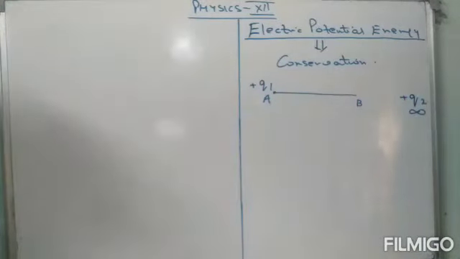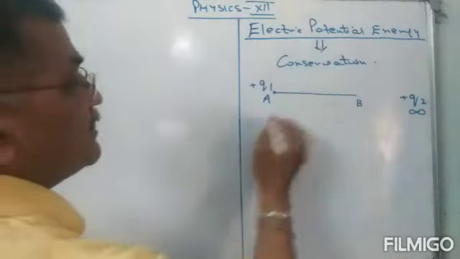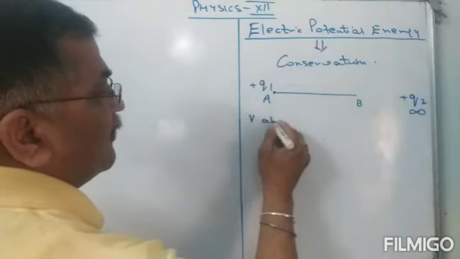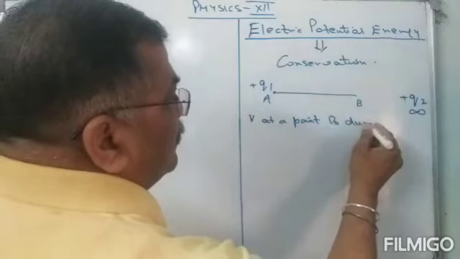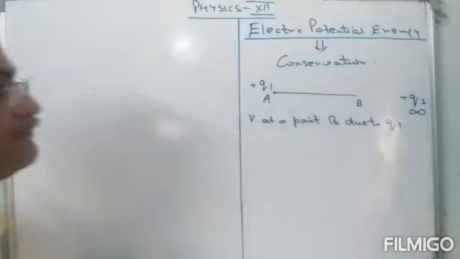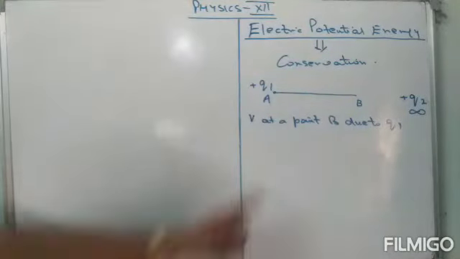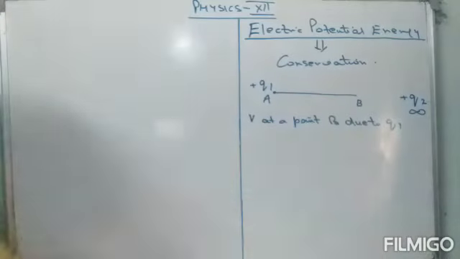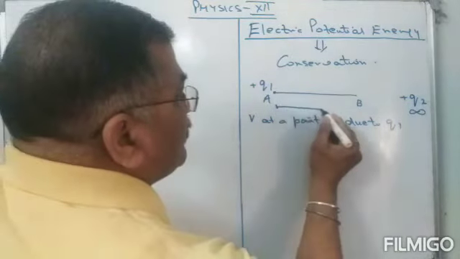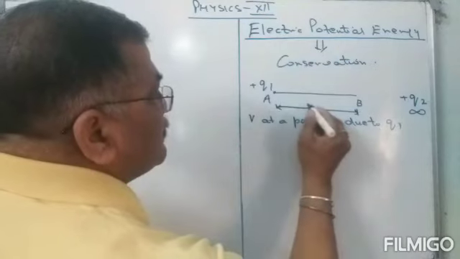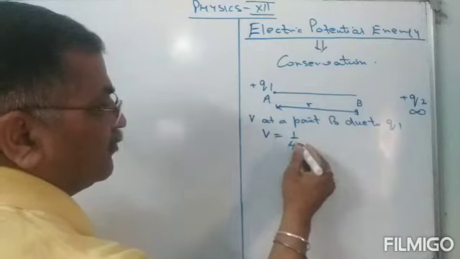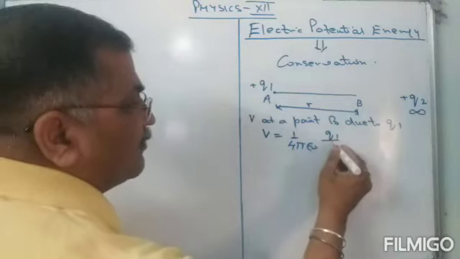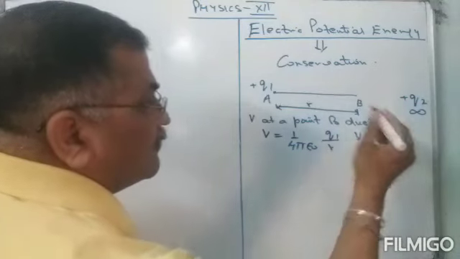Let's find out the potential V at point B due to Q1. The distance AB, let's take it as R. So I can write potential V is equal to 1 upon 4 pi epsilon naught Q1 upon R volt.